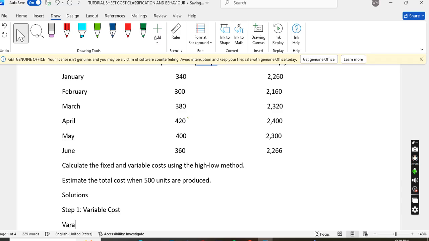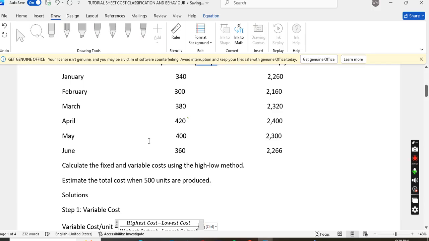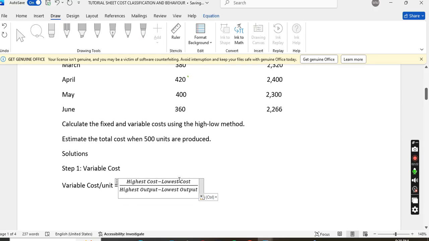Our variable cost per unit is our highest cost minus our lowest cost divided by the highest output minus the lowest output.